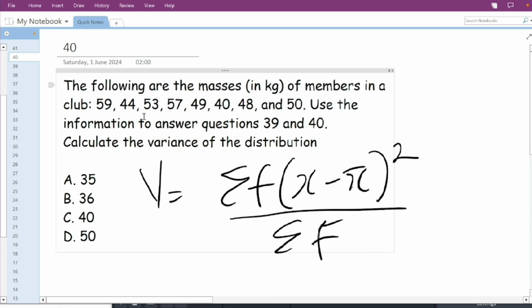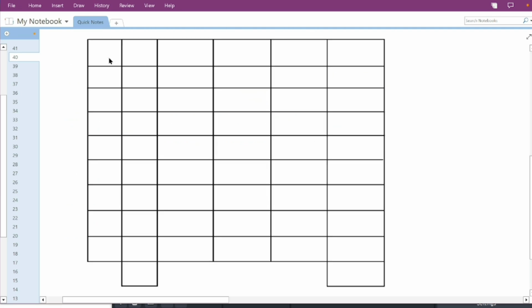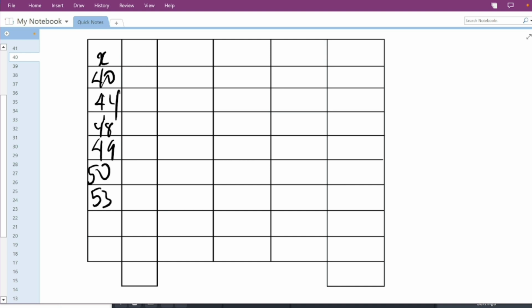Looking at this data, none of the values occur twice, so each occurs once. It is not compulsory to arrange them in ascending order, except when finding the median, but we can do that. So under x, the masses are 40, 44, 48, 49, 50, 53, 57 and 59.